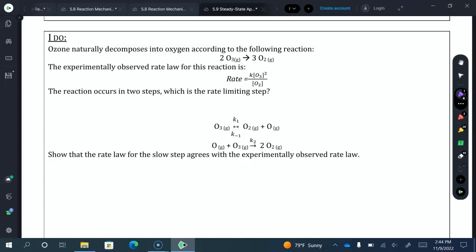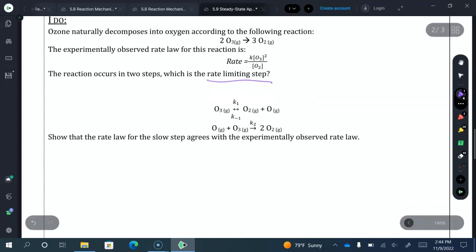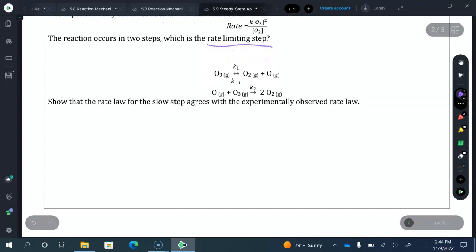Okay, so the rate limiting step should mirror our rate law. But we can't verify that without checking. So we need to check to see if this is our slow step. If we put this one as slow, because usually equilibriums are not the slow step, but we can check, right?